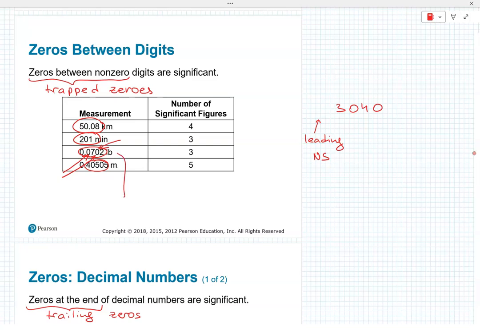So let's write this number in scientific notation, shall we? Where should I move the decimal point? After the 7. Those zeros are gone. That's it. So, leading, non-significant. Trapped, significant. Trailing, significant.